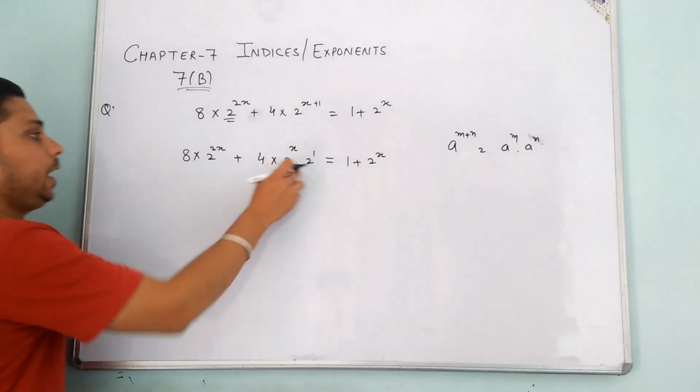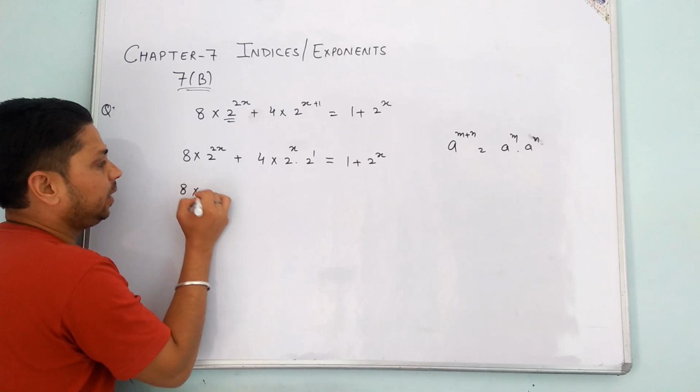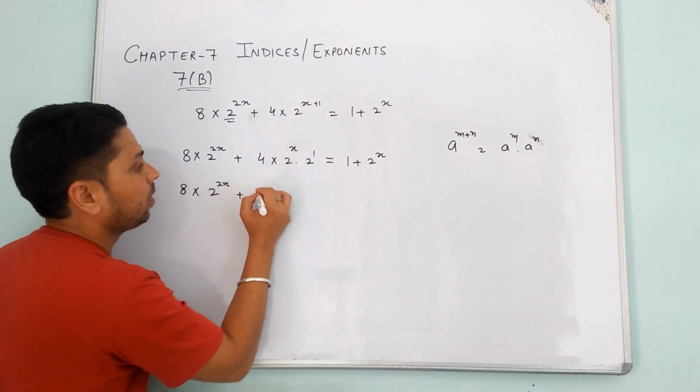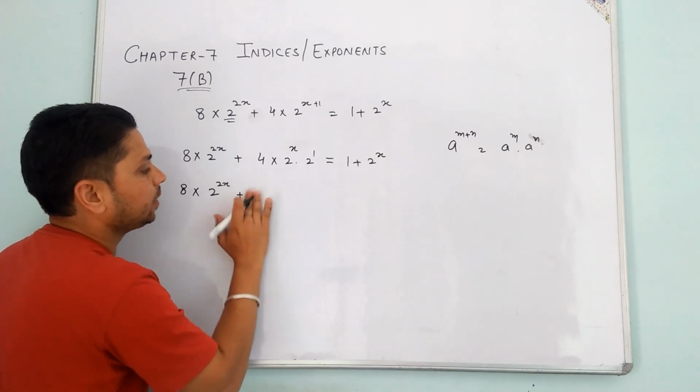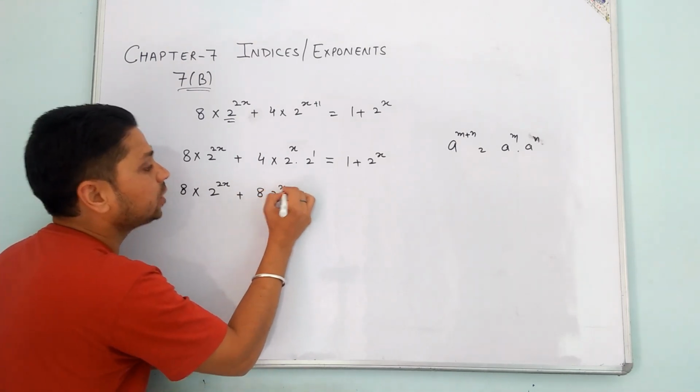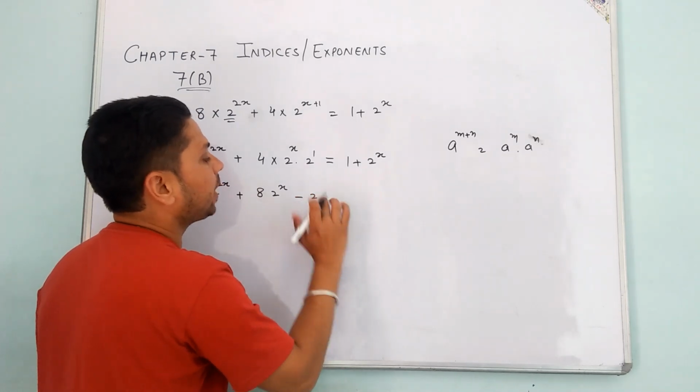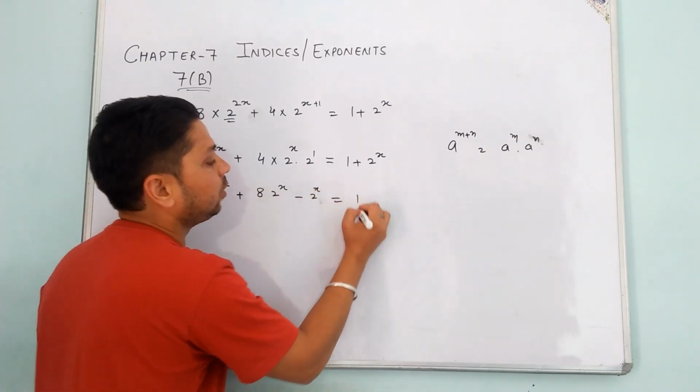Now, 4 2s are 8. It will give you 8 into 2 raised to power 2x plus 8 into 2 raised to power x. Now minus 2 raised to power x on both sides, that is equal to 1.